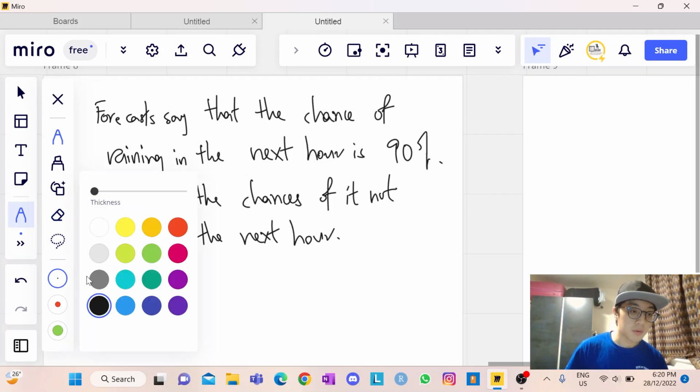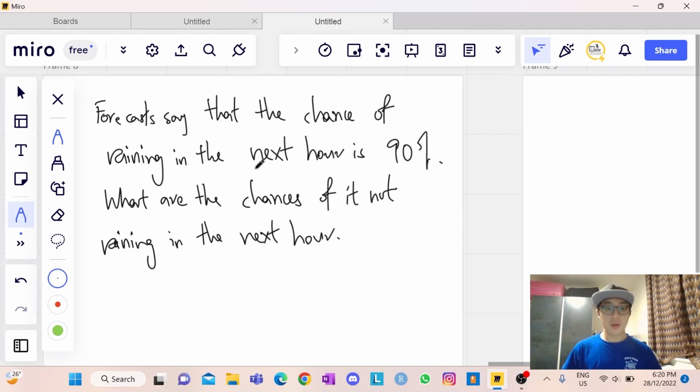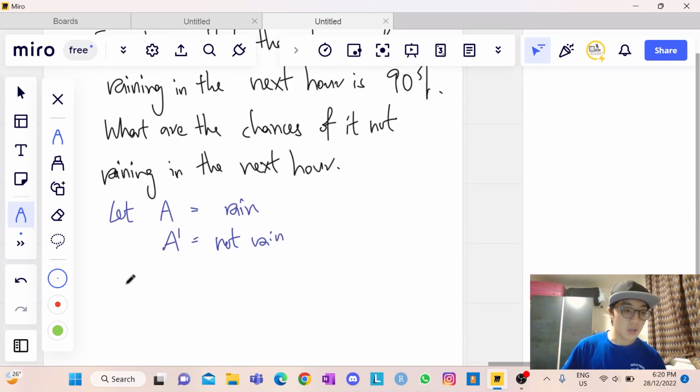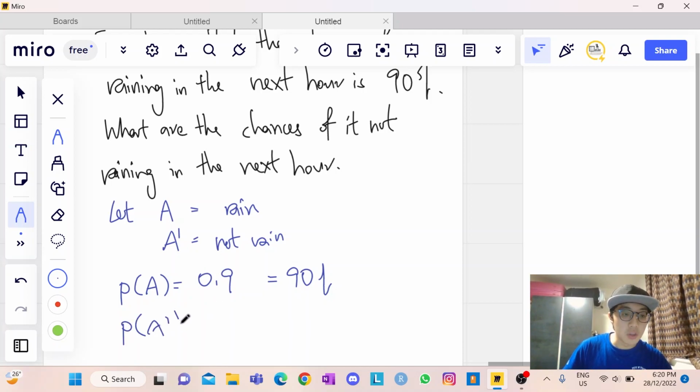So from the example that we see just now, let A be rain, then A prime will be not rain. We know that the probability of A is 0.9, or if you want to write it as 90% as given in the question, but usually we will write it in decimal form. So what is the probability of it not raining?